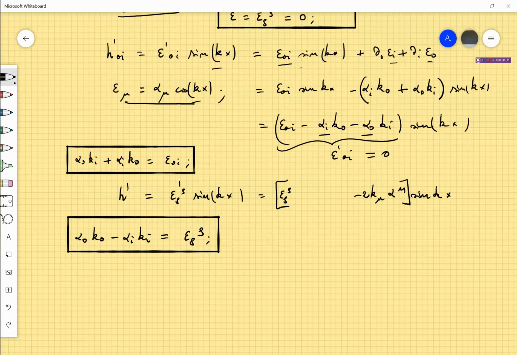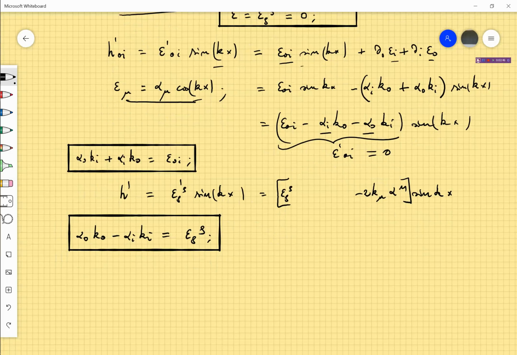There are different ways of solving this equation or showing that it can be solved, and in all cases what you do is use the condition that k is a null vector, so k0 squared minus ki squared is 0, which means you can replace this product ki ki by k0 squared always.